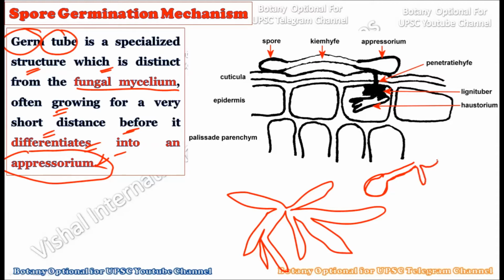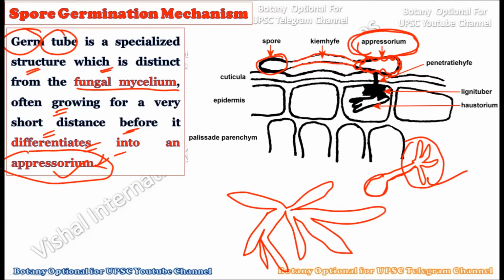It will create different structures here, and this whole structure, upon differentiation, is considered the appressorium. So here we have the spore; after the spore there is formation of a very short germ tube, and at the end it differentiates into a very peculiar structure, which is called the appressorium.